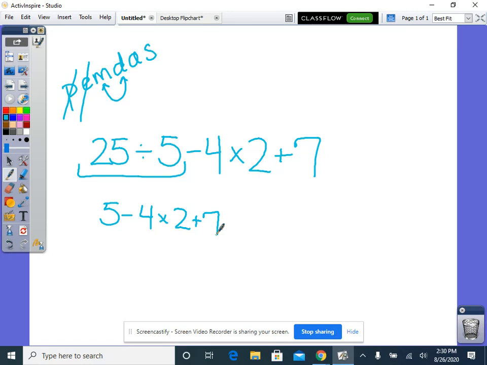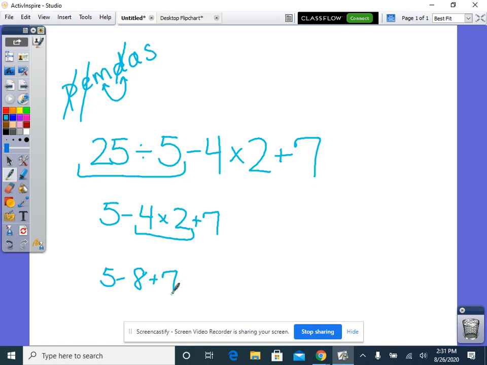So I solved the division, but what is still left that is very important right now? Multiplication. I have to solve this next because I took care of the division because division came first in the problem, but I cannot forget about multiplication. So 4 times 2 is 8.